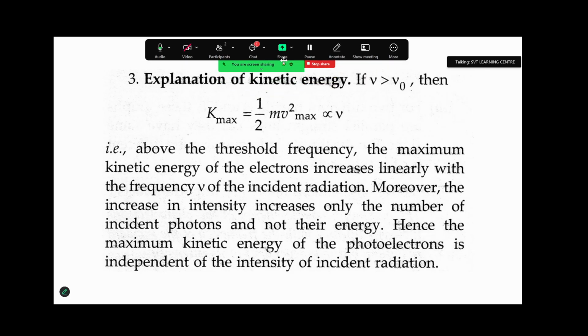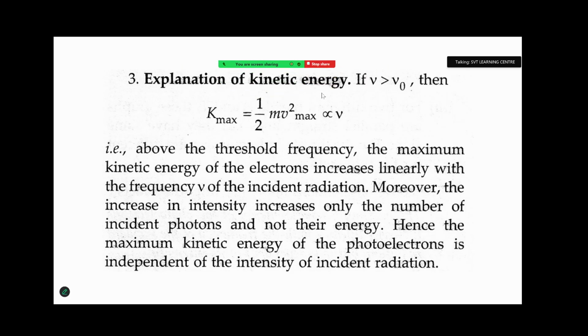Now the explanation of kinetic energy depending upon the frequency. We just said that the maximum kinetic energy is given by half m v max square, and that is directly proportional to the frequency. Above the threshold frequency, the maximum kinetic energy of electrons increases linearly with the frequency of incident radiation.